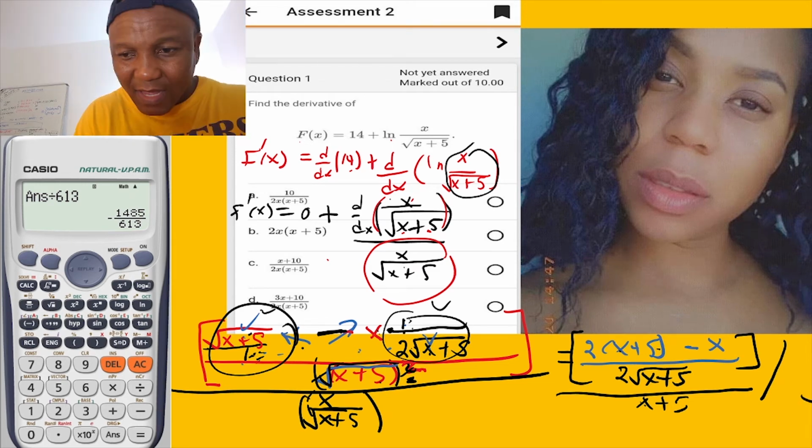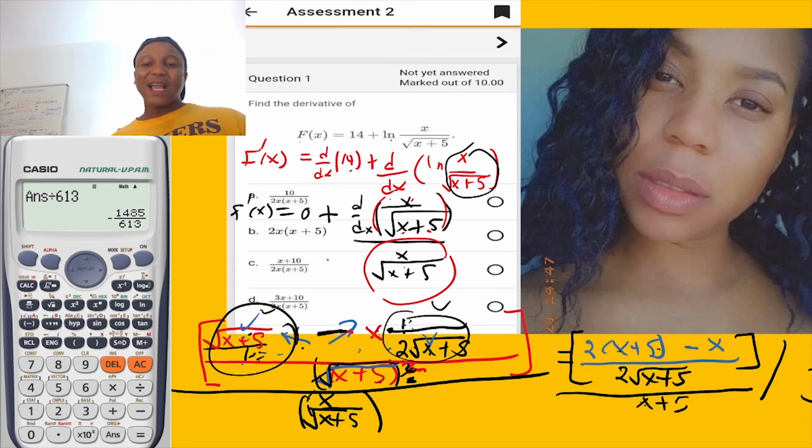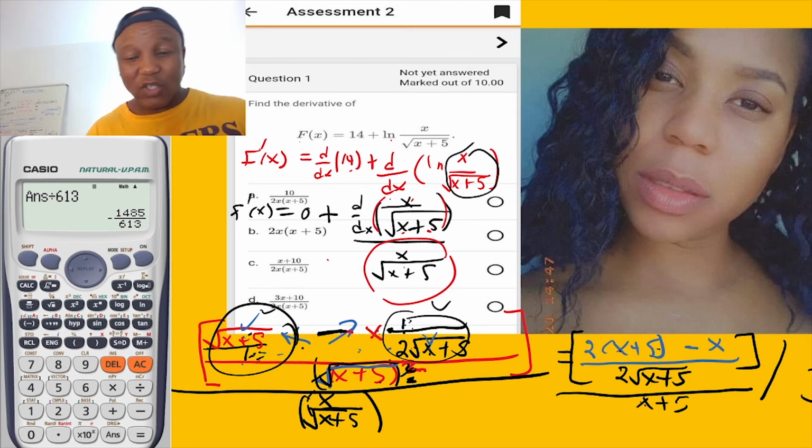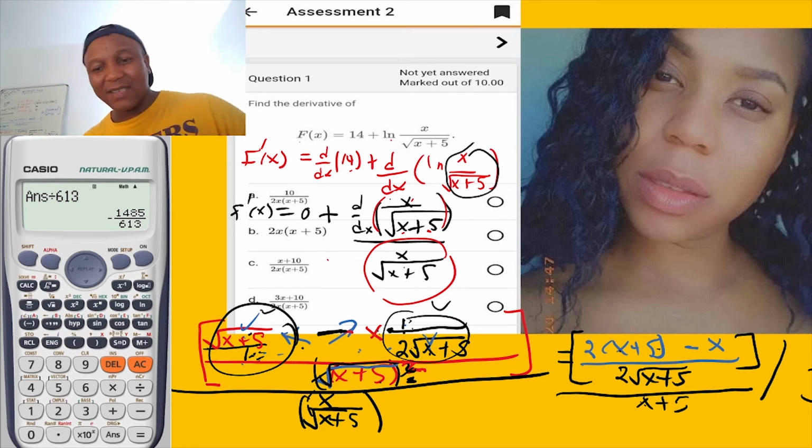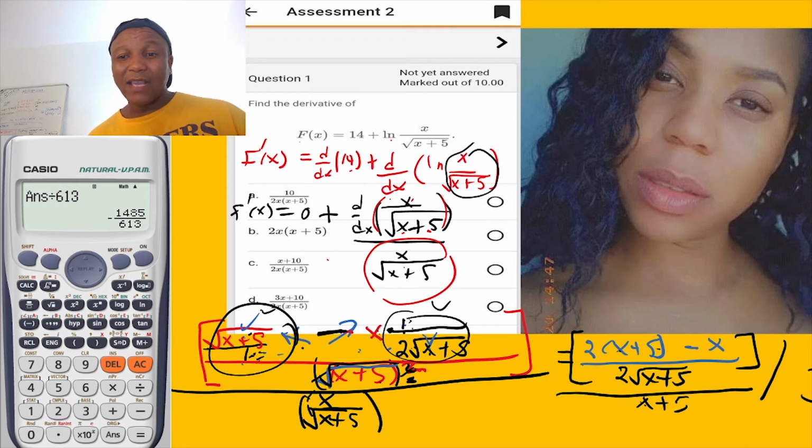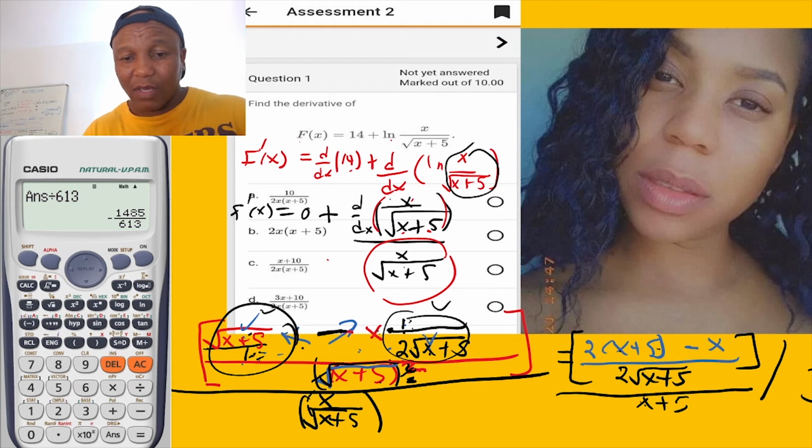x plus 5. Okay, so for that case, I think I can simply erase so we can have some space. Oh my God, you see, we can't see there. I wrote it ahead of it, so this one right here I can write.